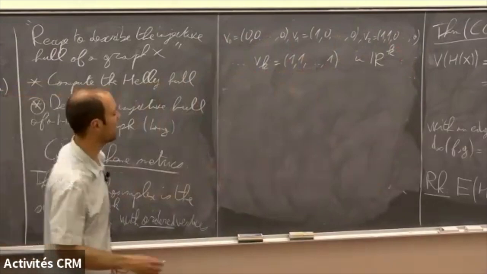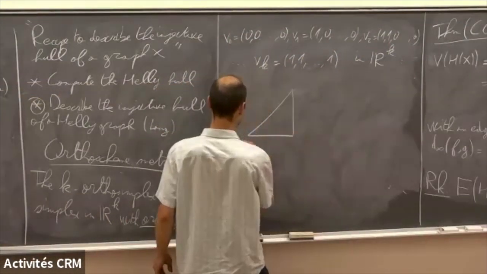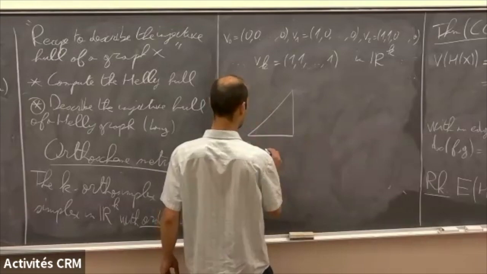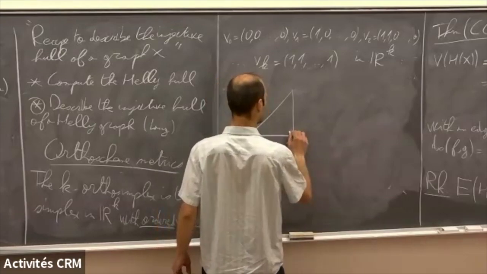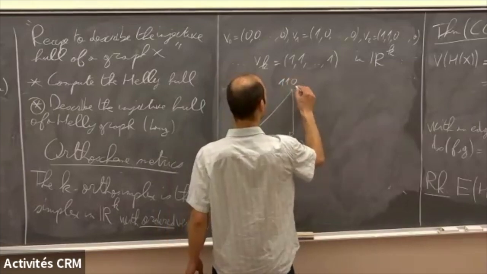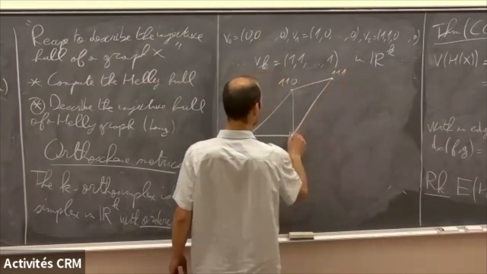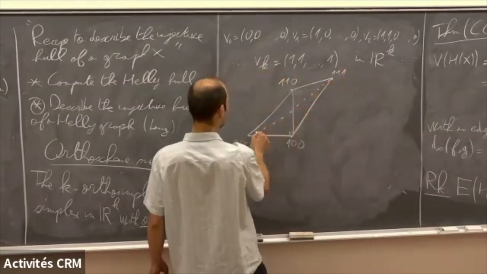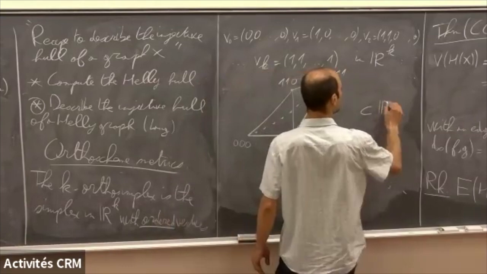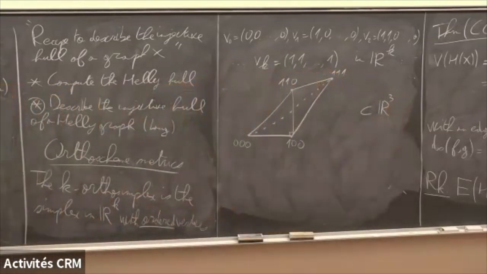What's the picture in dimension 3? So if you have here 0, 0, 0, then 1, 0, 0, then 1, 1, 0 for V2. And here I have 1, 1, 1 for V3. So this is the 3-orthoscheme. Okay. Each time you get distance 1 in a new orthogonal direction.